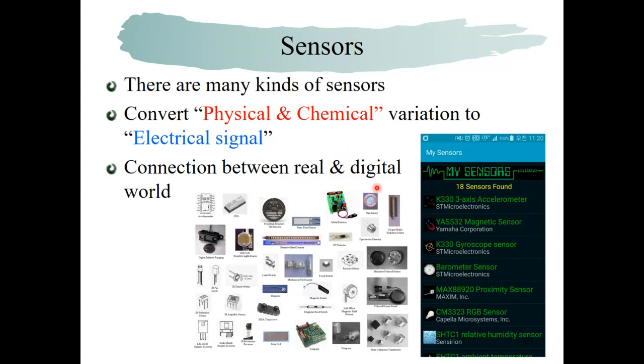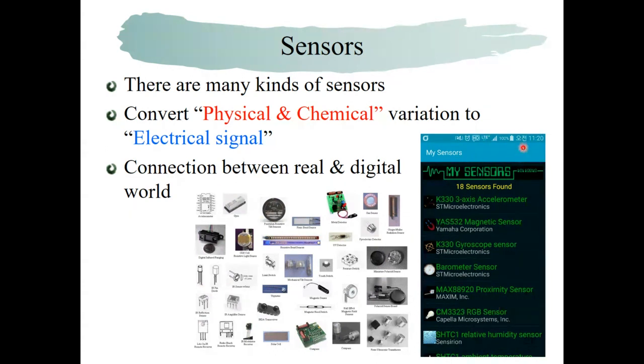After we convert the physical or chemical quantity to an electrical signal, we can convert it to digital, so then we can use these numbers for many purposes. And there are many kinds of sensors.